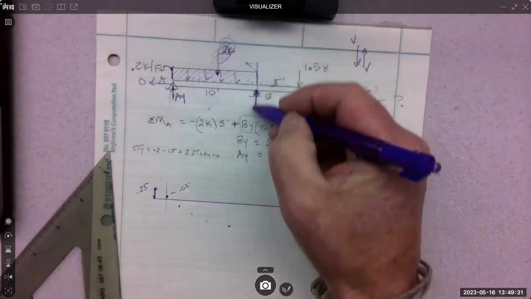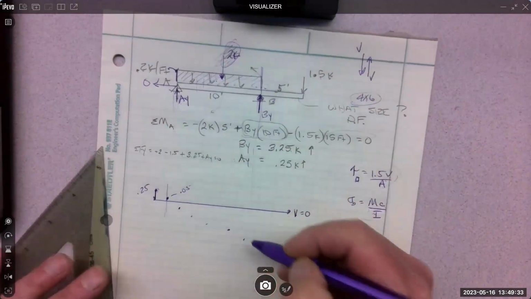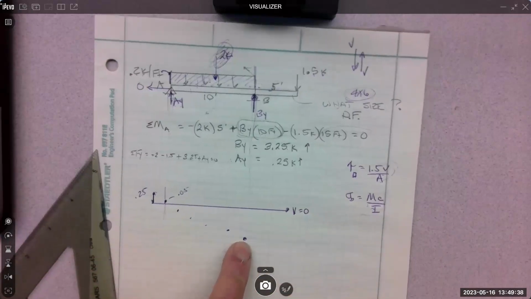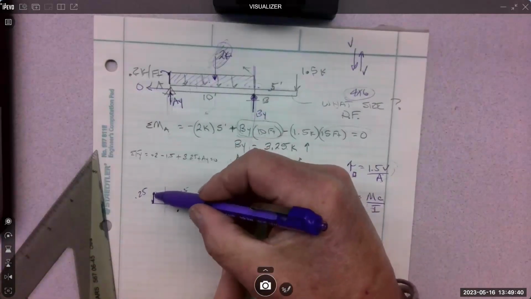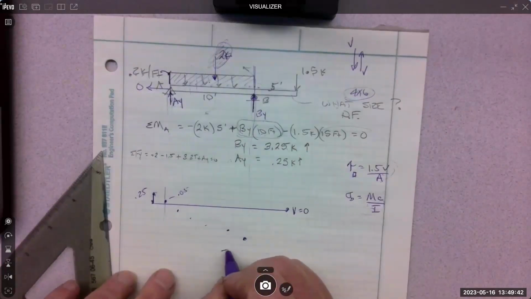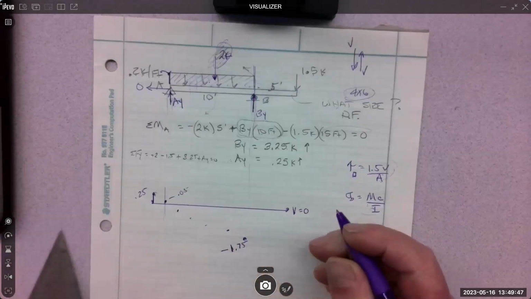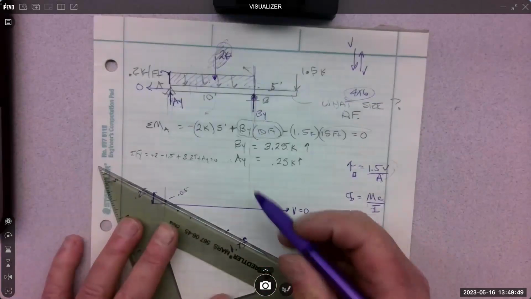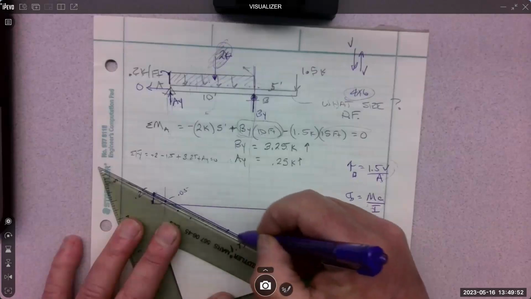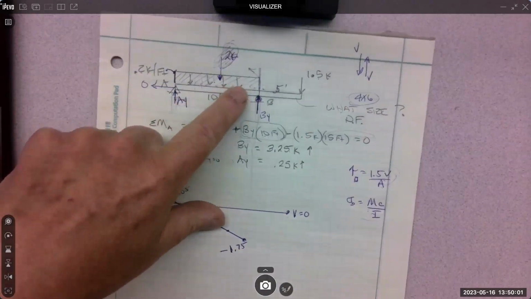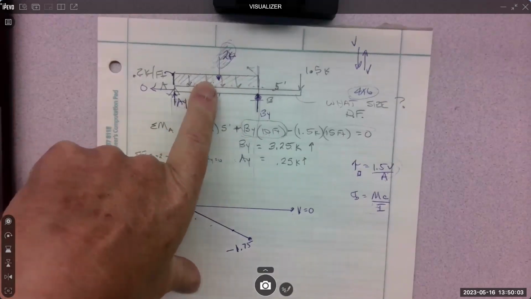Oh, I should be over in line with this. Down here. So it's not negative 0.2 because it started at 0.25. So it's negative what? 1.75. And it's definitely a straight line, meaning that it's falling the same amount all the way through. And it's going down because the load graph is pointing down.